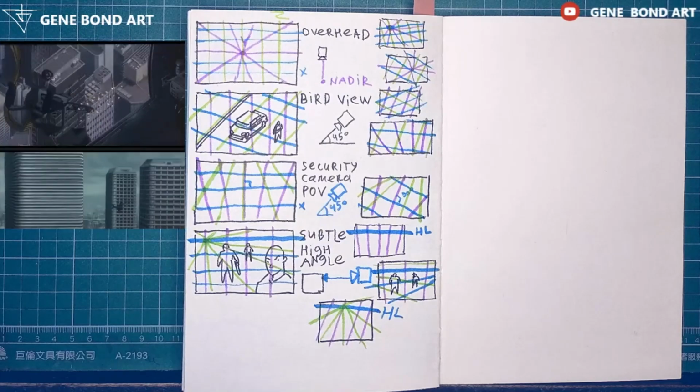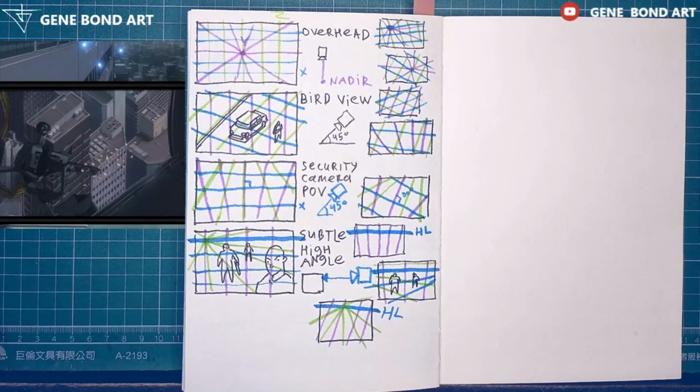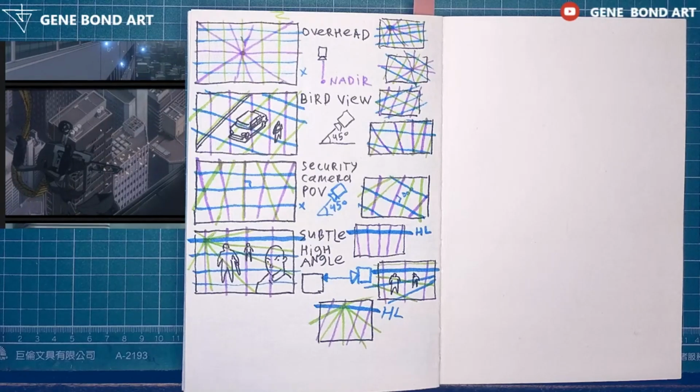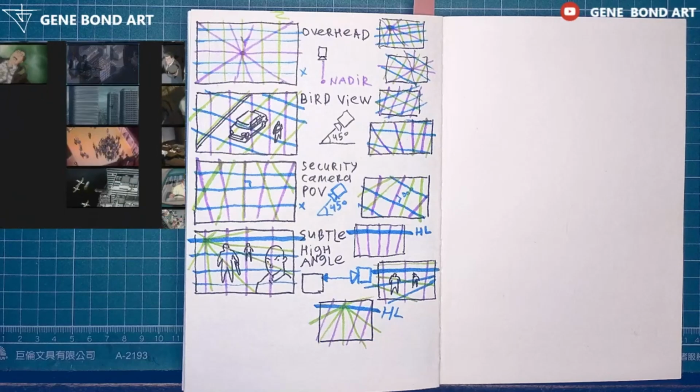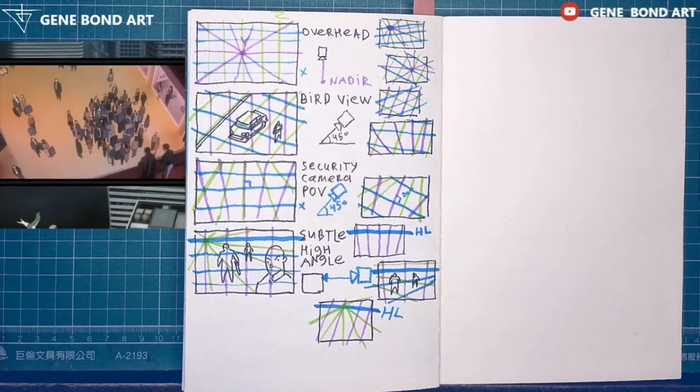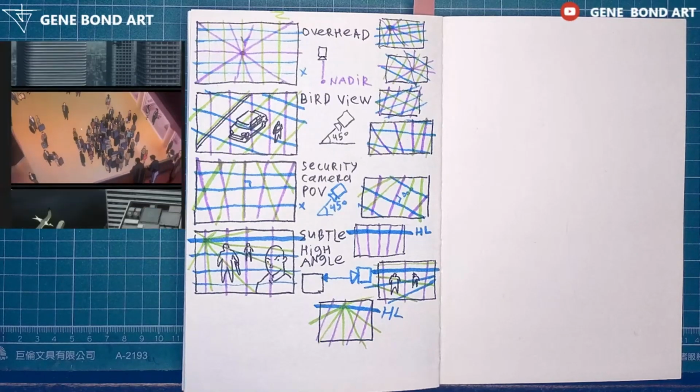So later we'll draw it. You can see again here it's literally a view from a helicopter. Same, you can see y, z, x. It's very clear. Here we have this bird view with a little convergence for y-axis.